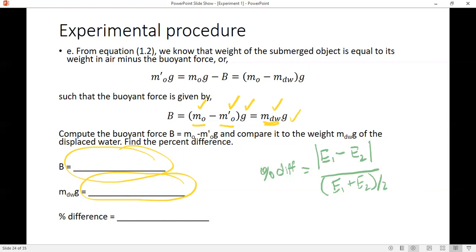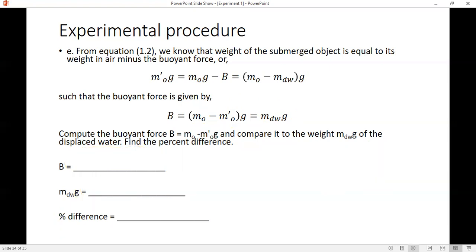So with this percent difference, if it's low enough, you are essentially establishing that, yes, in fact, the weight of the water that I measure with the graduated cylinder part of the experiment is equal to the buoyant force that I got from the next part of the experiment, where we had the bob outside of the water and inside of the water.